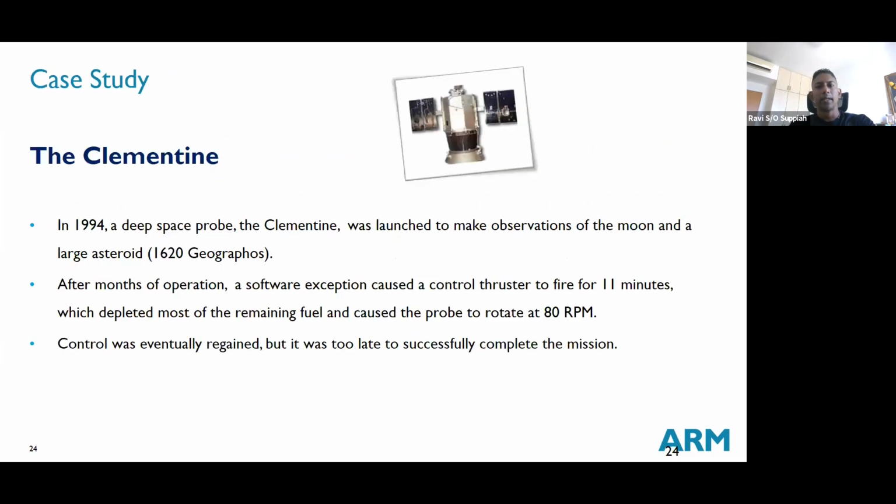Okay, let's look at some case studies from the past that are quite prominent in the literature. In this example, a deep space probe was launched, and after a few months there was some software exception that caused the thruster to fire for 11 minutes.